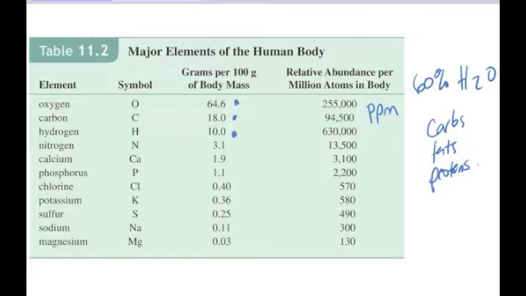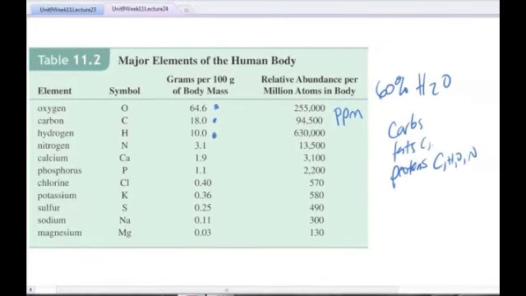We'll talk about that later. And proteins, mostly carbon, hydrogen, oxygen, and nitrogen. So mostly carbon, hydrogen, oxygen. Okay, so that's why we have so much carbon, hydrogen, and oxygen in our body, and then next would be nitrogen because of the proteins.